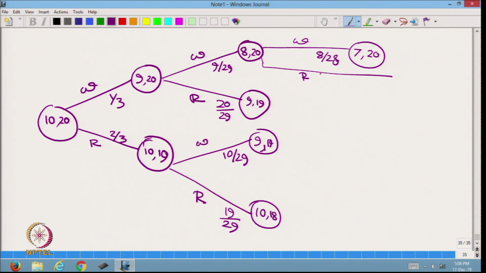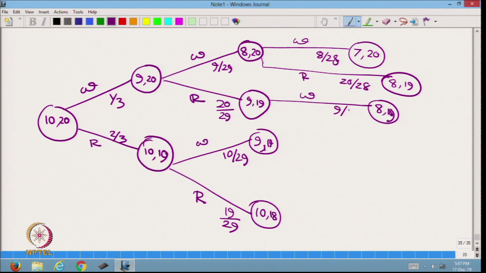If it is a red, we are going to get 8, 19, and that probability is going to be 20/28. Similarly, if this is a white, that is going to be 8, 19, and that probability is going to be 9/28.